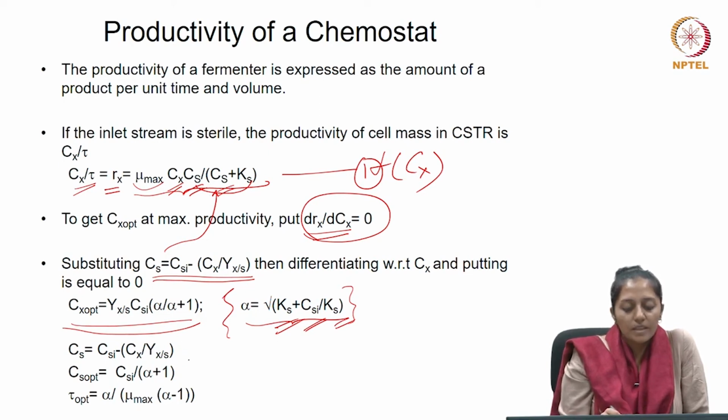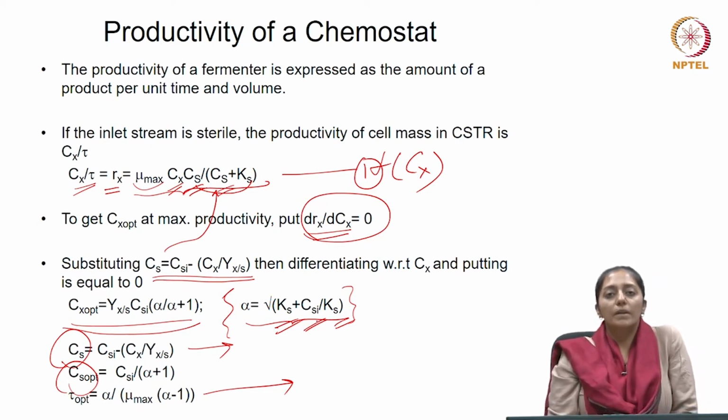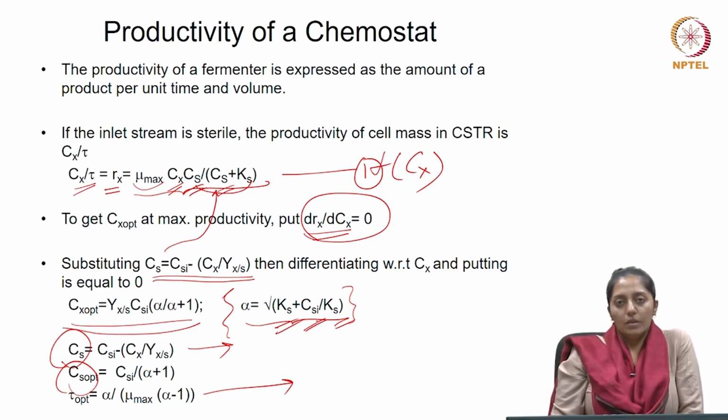Once you know the Cx optimum, you can find the value of Cs using the yield coefficient, and this is your substrate concentration at which your productivity is maximum. And your dilution rate, as we did earlier, also turns out to be the same function as the earlier one. So, there can be more than one way of reaching the solution.